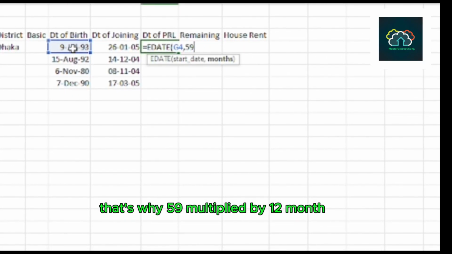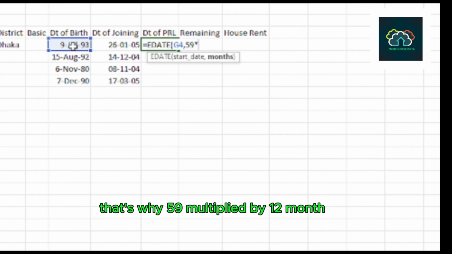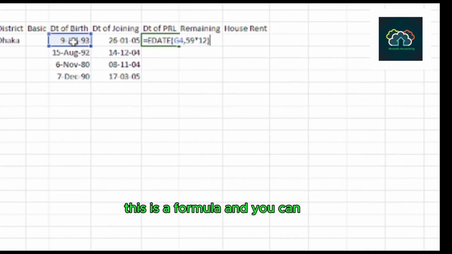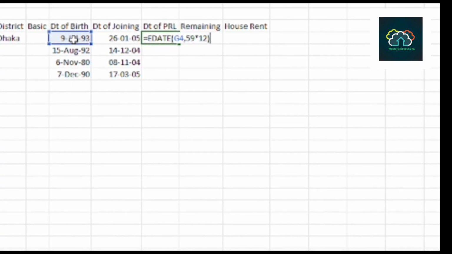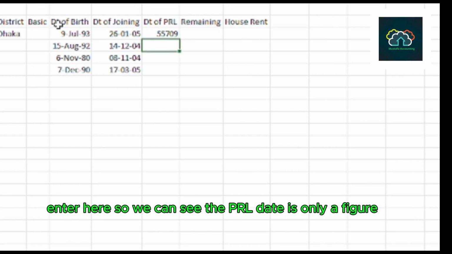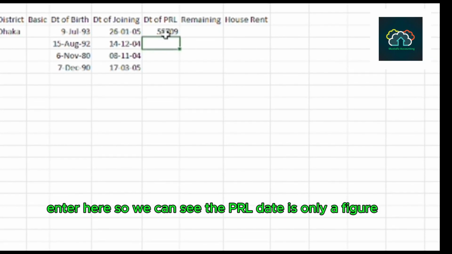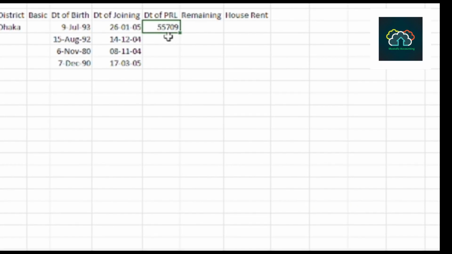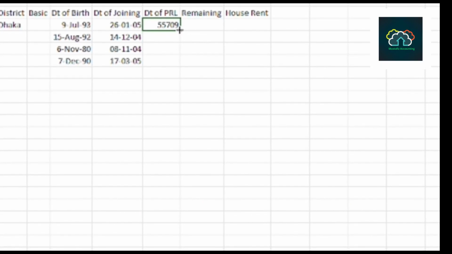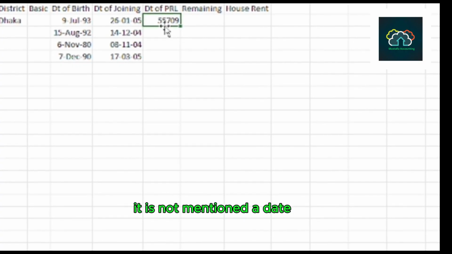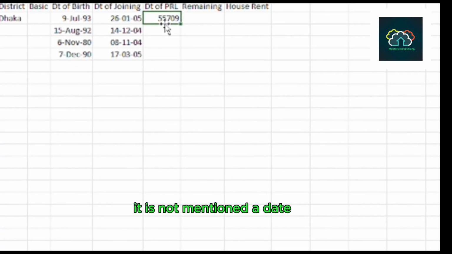That's why 59 multiplied by 12 months. This is the formula, and you can enter it here.